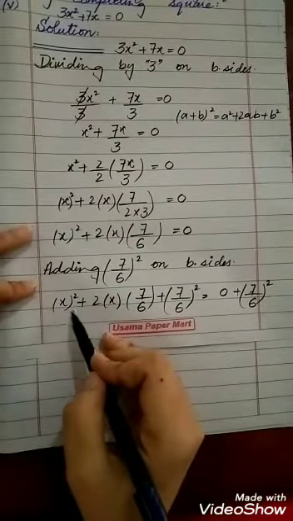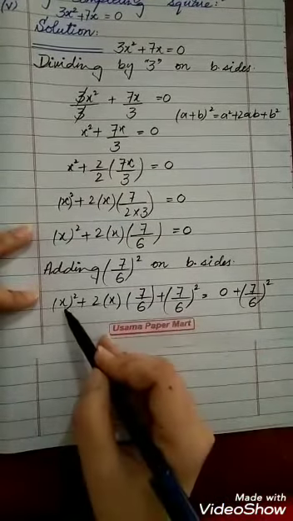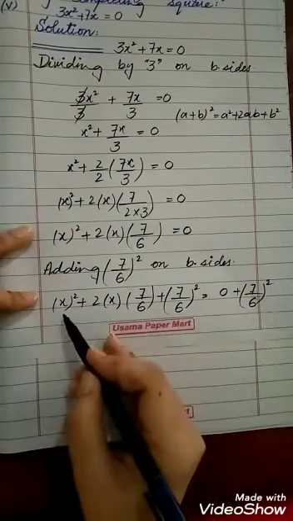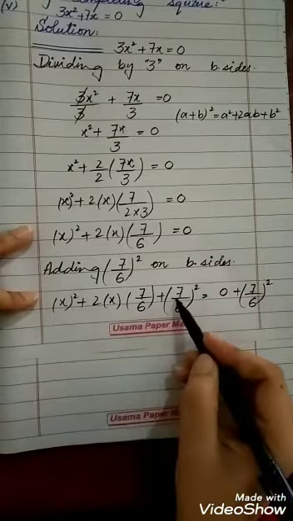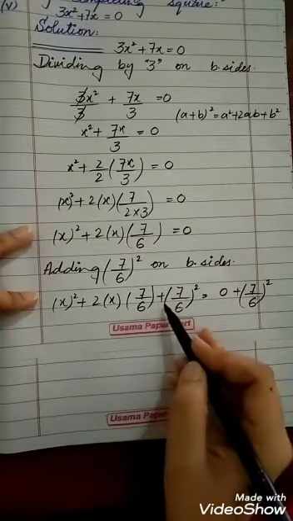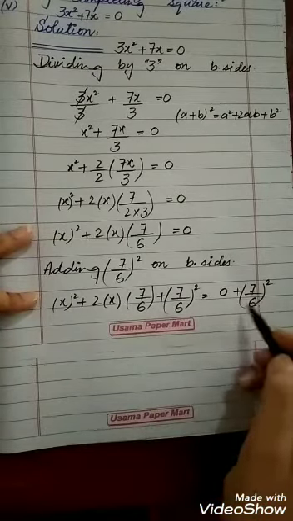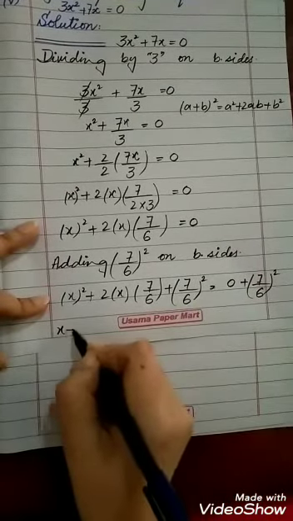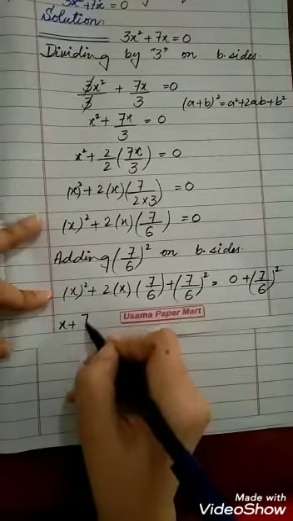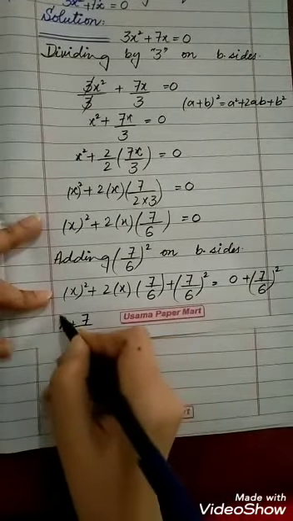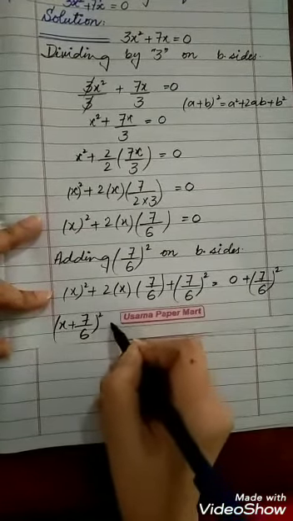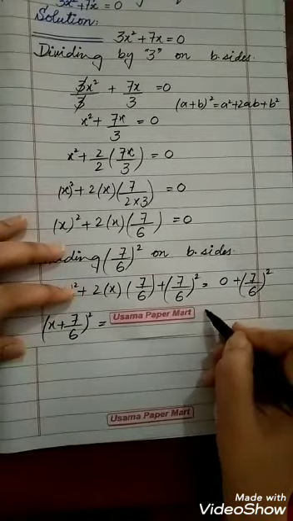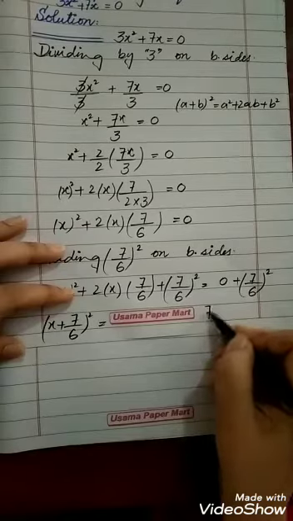Now students, we can make the formula from this whole term, meaning a square plus b square plus 2a into b. So a plus b, we can use these terms to make the formula, and it will be on the left hand side. So we make the formula x plus 7 by 6 whole square is equal to 7 by 6 whole square.